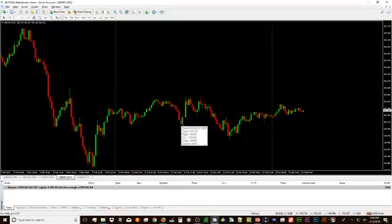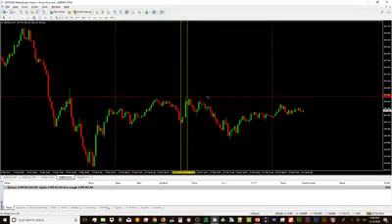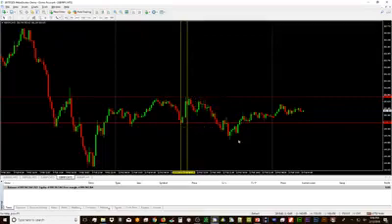Let's take a look at the GBP JPY. So again, no real setup for us. This had a little bit of consolidation, not so much movement, but you had a move down, then a move up, then a move down again, and then a move back up to consolidate.